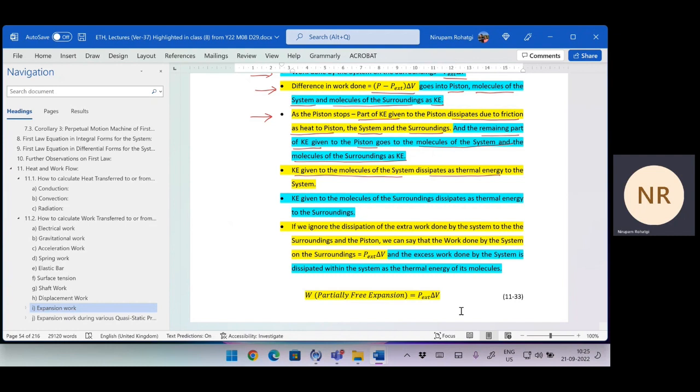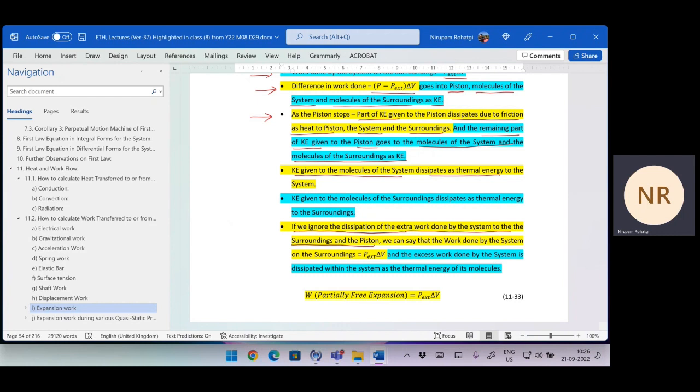But now what happens is that we normally ignore dissipation of extra heat and work done by the system to the surrounding and the piston. So what we do is we assume that all the extra work done by the system remains with the system itself.